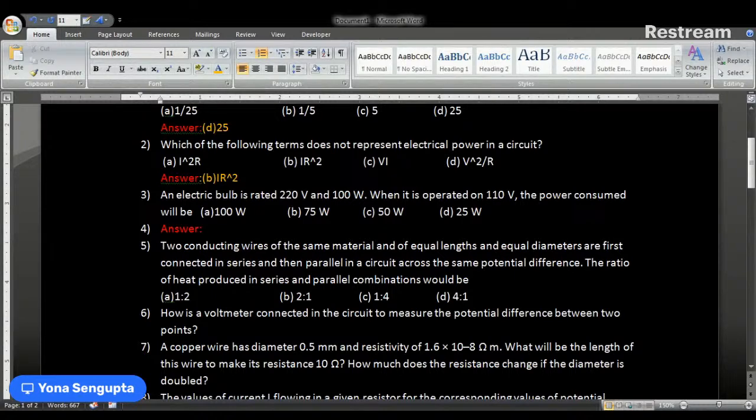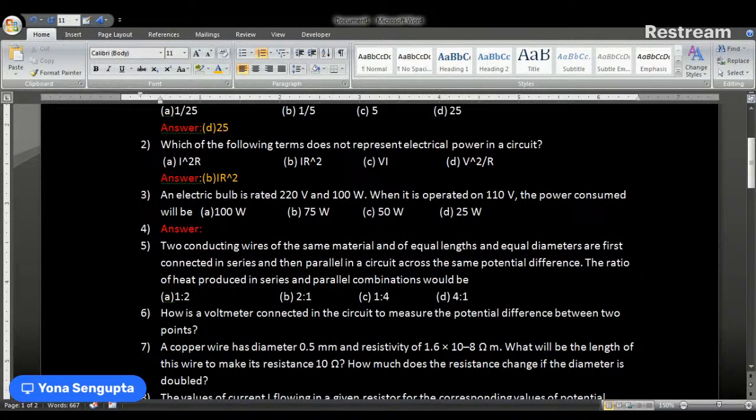So let's see. Basically, the power consumed by an appliance is given by the expression we have just learned, P equals VI, which is also equal to V square by R. So the resistance of the light bulb can be calculated as R equals V square by P. If we substitute the values, R equals 220 square by 100, which gives us 484 ohm.